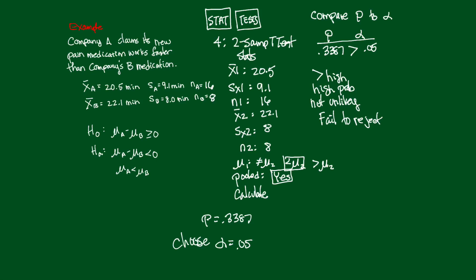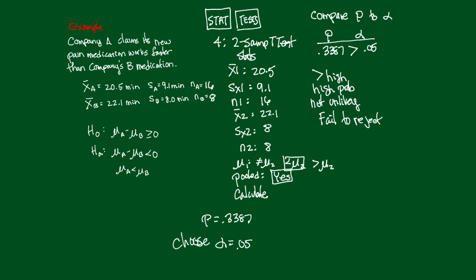So our H0, now I'm going to go over here to the other side of the page. Our H0 is that there's no difference. And what are we doing? We are failing to reject that. But we have to write this conclusion up in terms of the way the problem's written. So the problem says that company A claims that its new medication is faster.